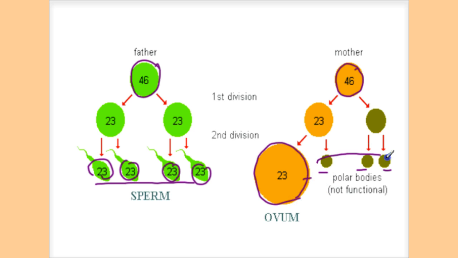The rest of them are called polar bodies, or they are non-functional, and they just dissolve. They are not used. So only one of the 4 eggs matures, whereas all 4 cells from the male eventually become a sperm.